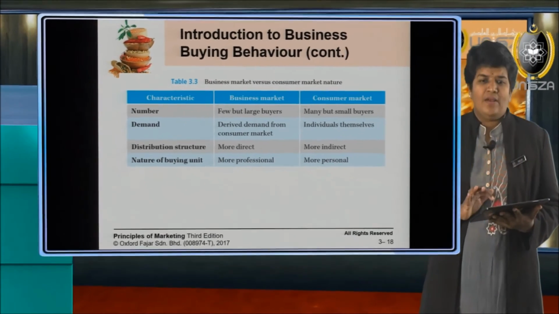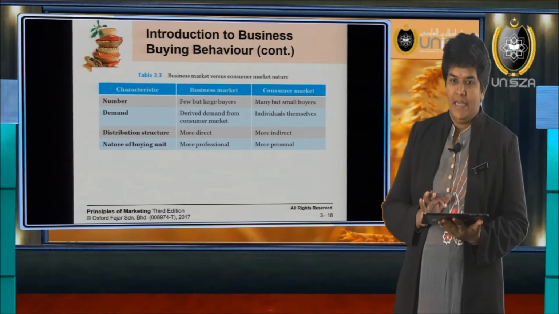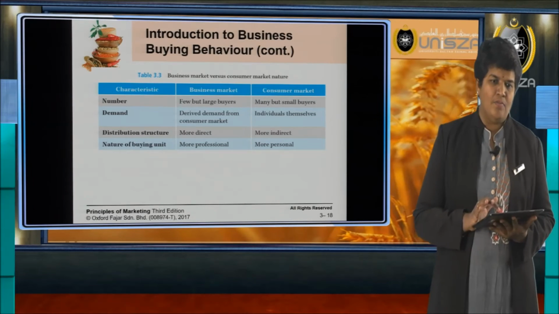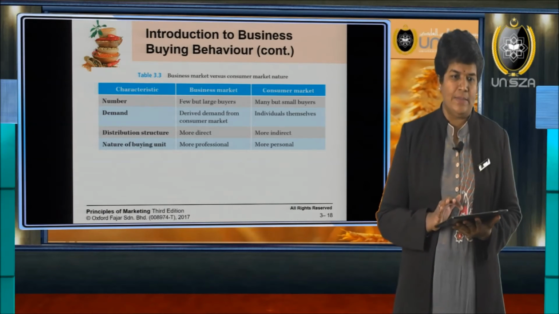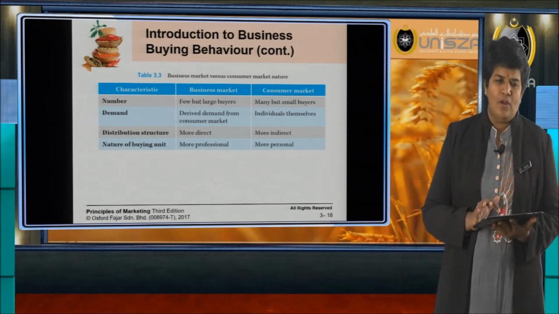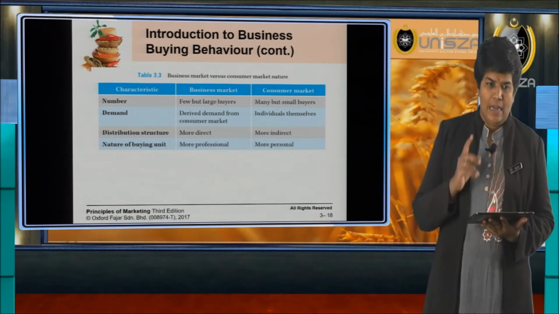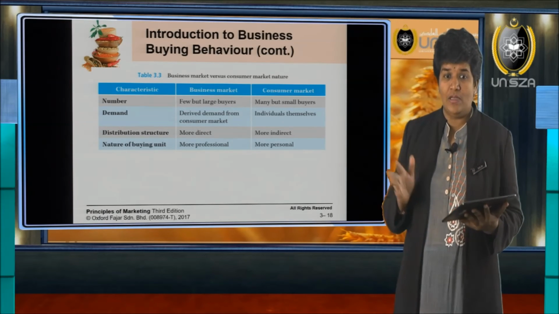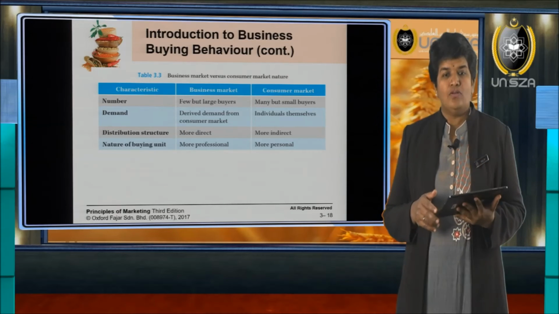Business market versus consumer market nature. In terms of category, we divided them into four elements: numbers, demand, distribution structure, nature of buying unit. When you look into the business market, numbers are few compared to the consumer market, which is many, because every individual is involved in the consumer market. So it will be plenty.